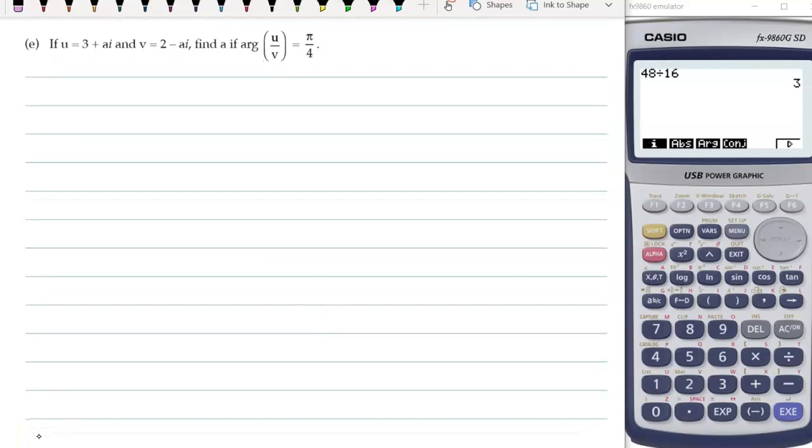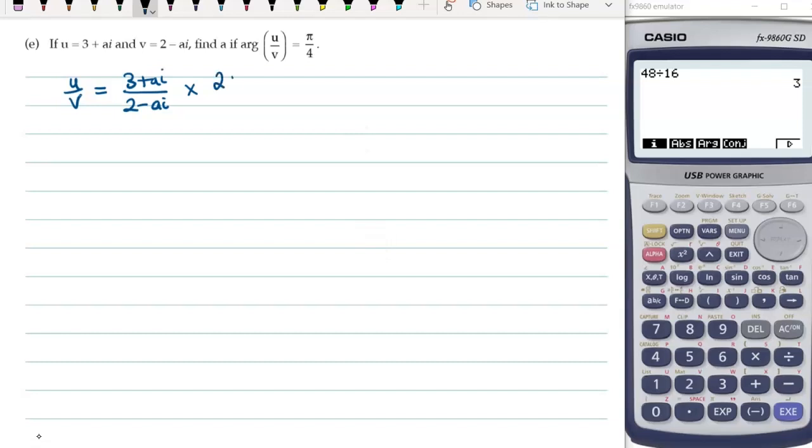Okay, for E, first of all, let's start by working out u over v. So we have (3 plus ai) over (2 minus ai). We want to be able to find the argument, so let's start by rationalizing the denominator so we can get this in a more normal looking format.